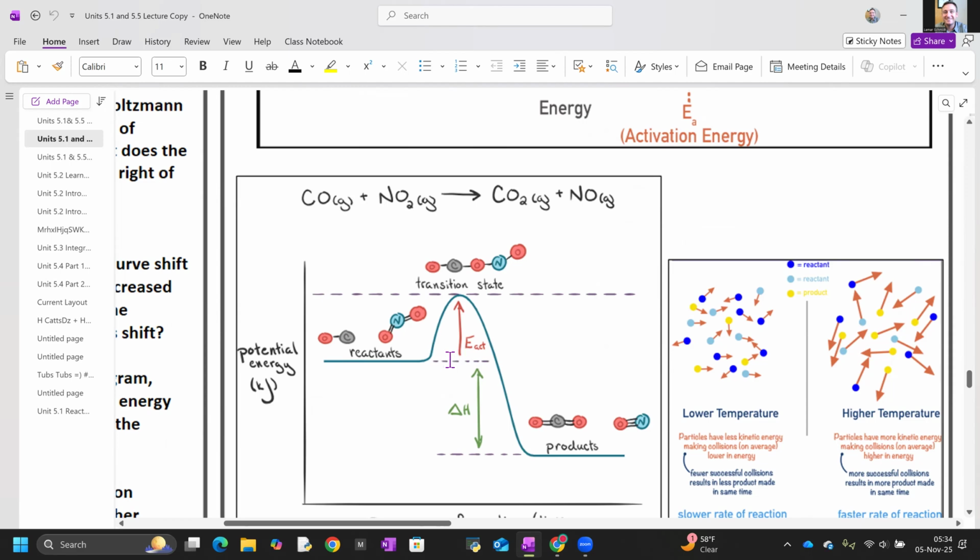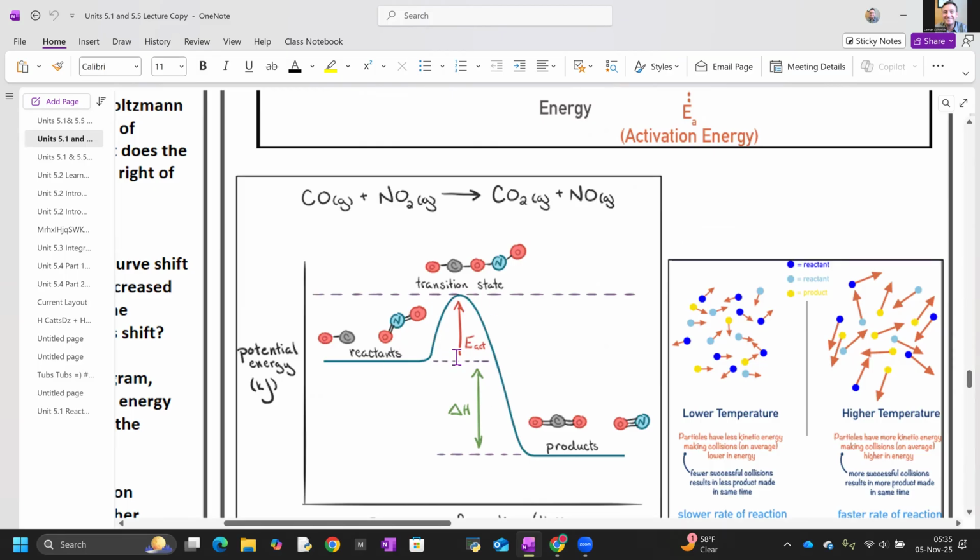So we see the energy of activation is this value right here from the beginning to this transition state. Once particles have this much energy, we say they have the activation energy, and so the reaction can be effective with regard to the amount of energy that the particles are colliding with. And so that's what that is.